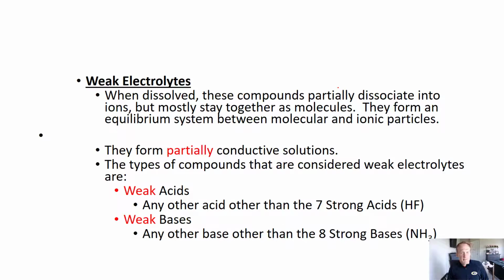Weak electrolytes would be something that you put in water and they partially dissolve, or they might partially disassociate, but not completely. Typically, when we're talking about acids, we talk about weak acids and weak bases. Ammonia, acetic acid, hydrofluoric acid, those type of things would be weak acids and weak bases and would not completely disassociate in water.